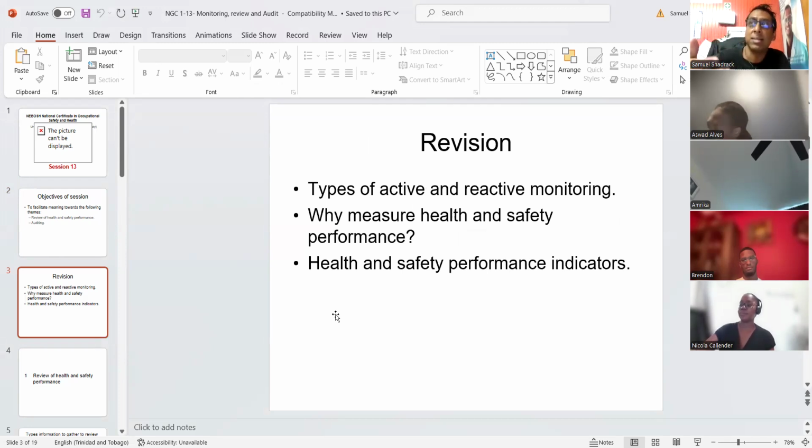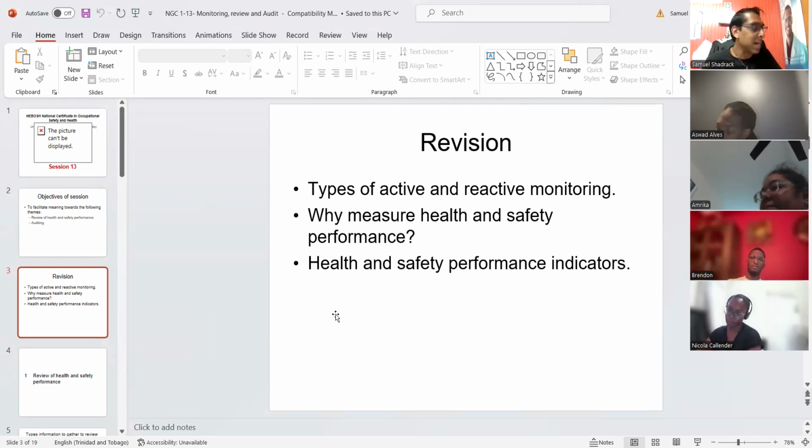An active indicator is anything that is good. The book has some, if you want to go back and watch 4.1. You could just make that up anyway. The good indicators are things like training, anything that sounds positive, page 6 of chapter 4, sampling, tours, inspections.